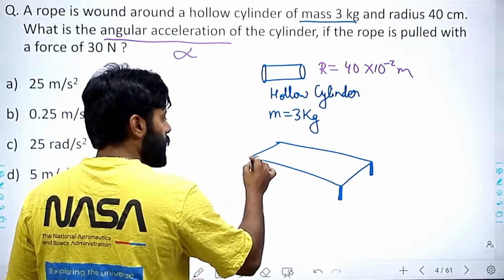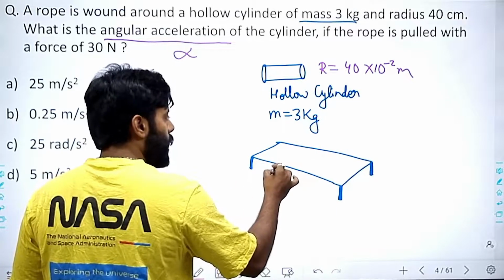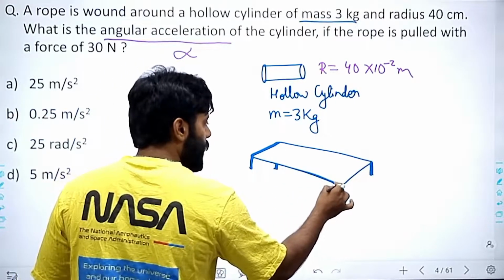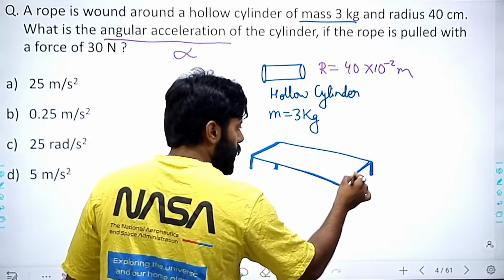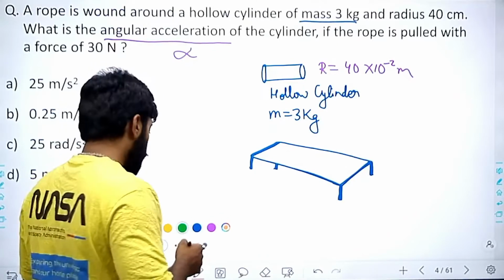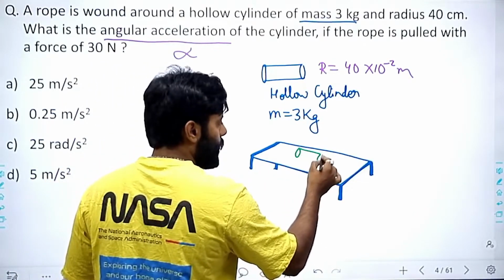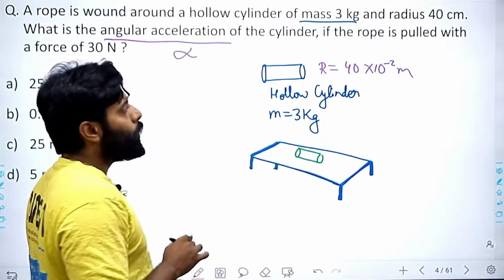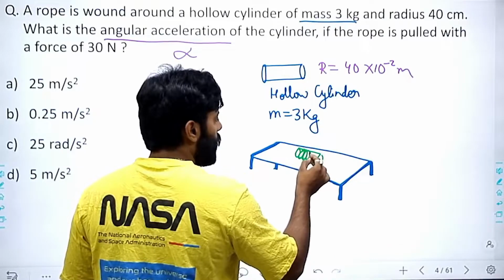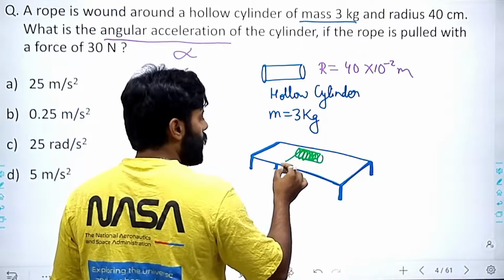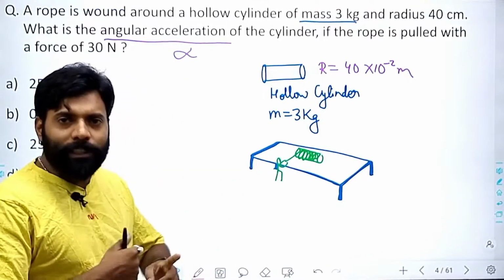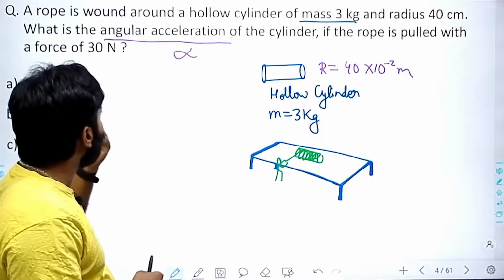If we have a table, then you can consider that you put that hollow cylinder here. And a rope, you roll the rope around the cylinder, and now you are pulling with the force of 30 Newton.